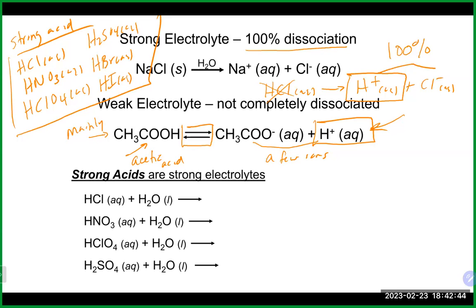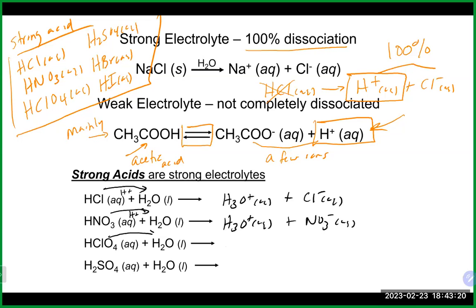Pretty much all those guys, with a little bit of an exception on sulfuric acid, will 100% break apart when they're in solution. So if we have something like this, 100% of them are going to send their H plus over, and we will get H3O plus and Cl minus. This guy will get H3O plus, sends H plus over, and nitrate.